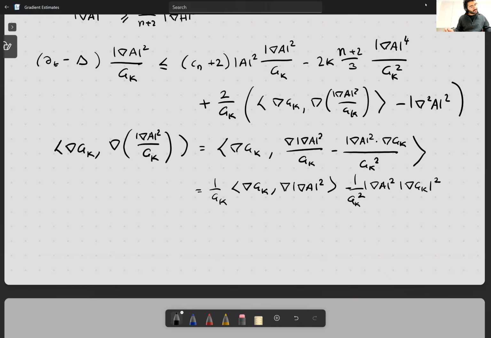I'm just checking with my notes. I think I have a lot of sign errors in my notes, but I'll see if I can get it all right here. So that is equal to 1 on GK times, let's write these out in coordinates.